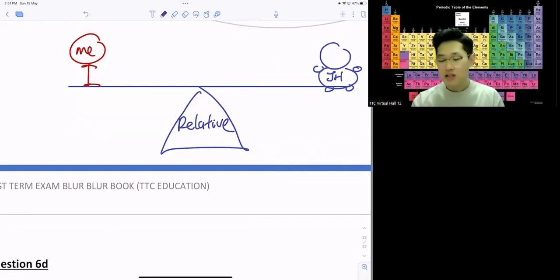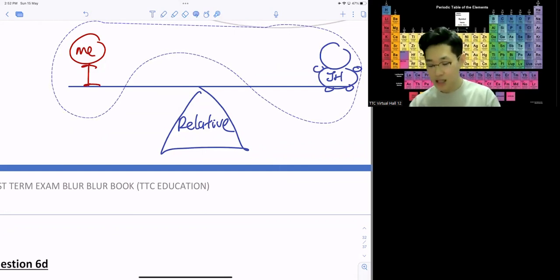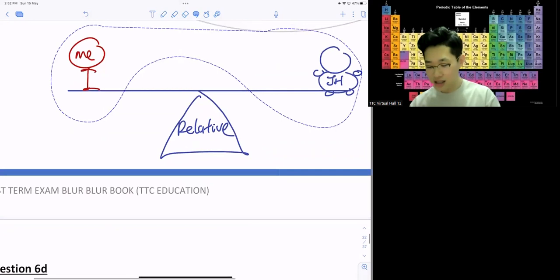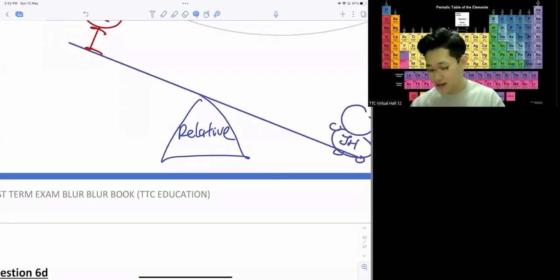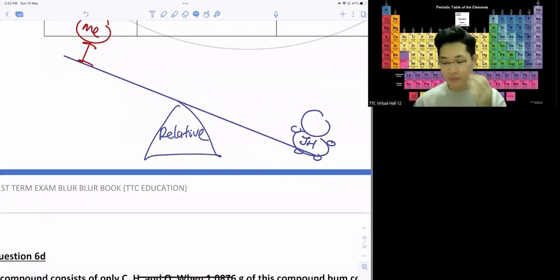But when you look at him, he's a lot heavier than me. If I put him on this balance, immediately it becomes imbalanced. So that means I can never know my own mass.